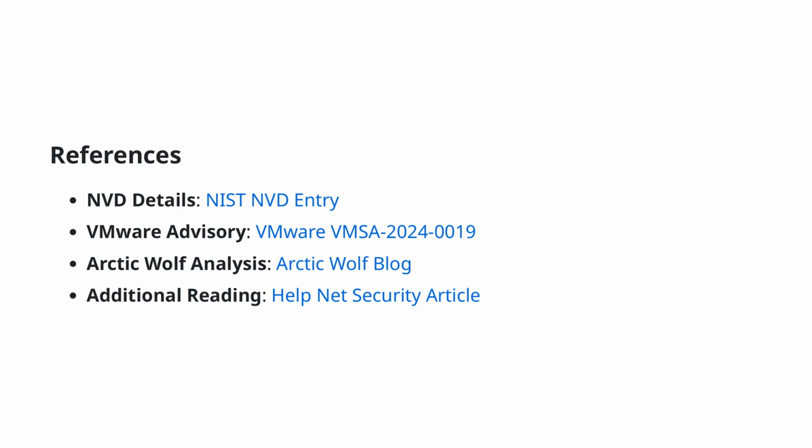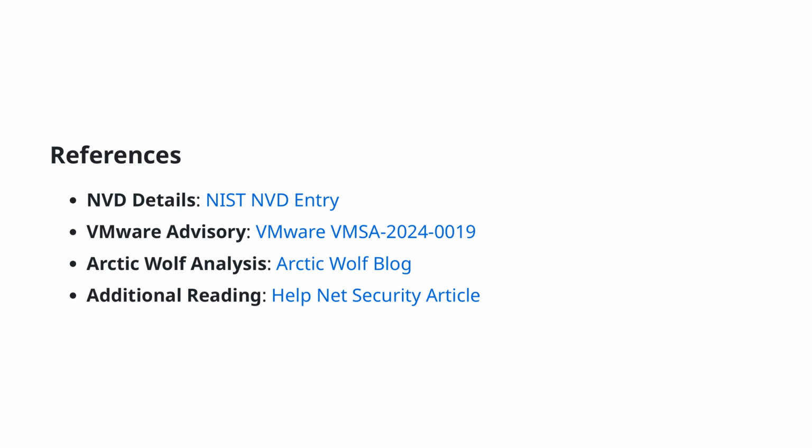This slide provides important references related to the CVE 2024-38812 vulnerability. For technical details, you can refer to the NIST National Vulnerability Database (NVD) entry, which provides comprehensive information. VMware has issued their own advisory, VMSA 2024-019, offering insights specific to their products.